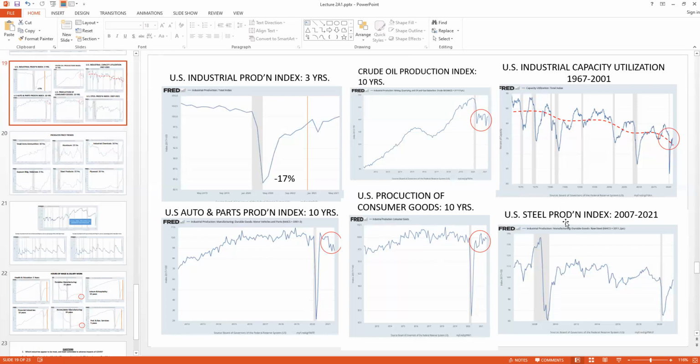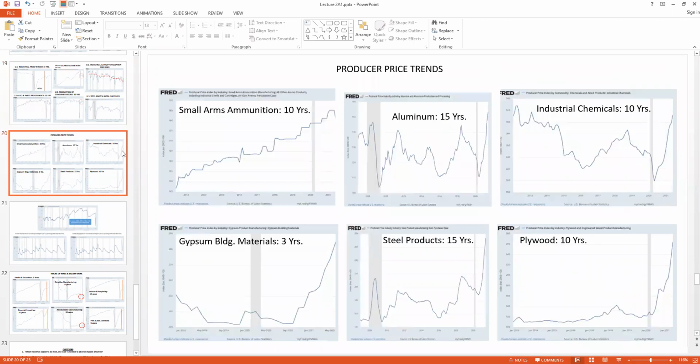However, the basic industries such as steel, you can see that the steel industry has not been a very healthy one in recent years. And when the COVID occurred, there were fewer products made of steel, less demand for steel. However, that demand has begun to recover, even though it's in a long-term decline.